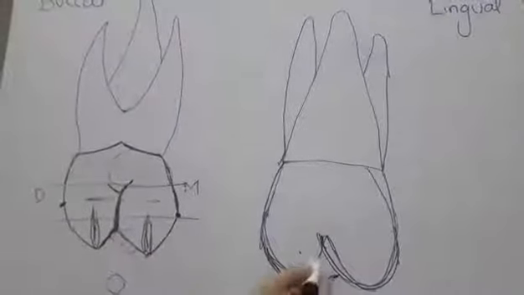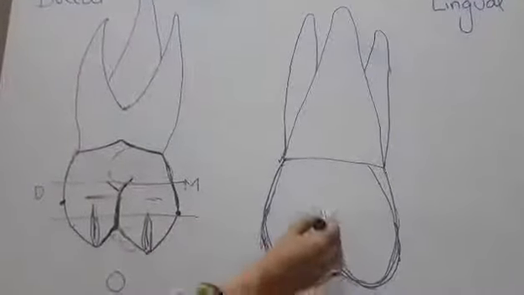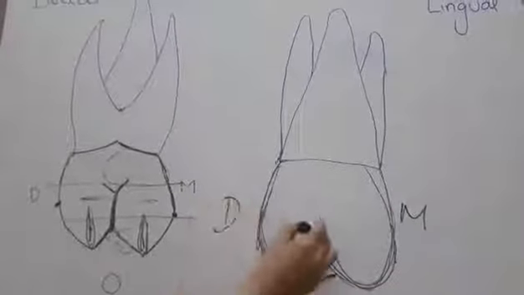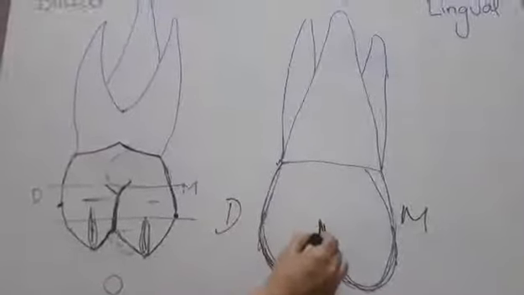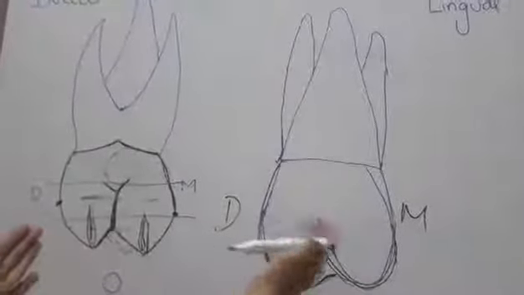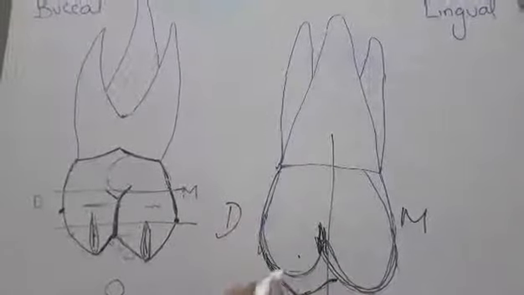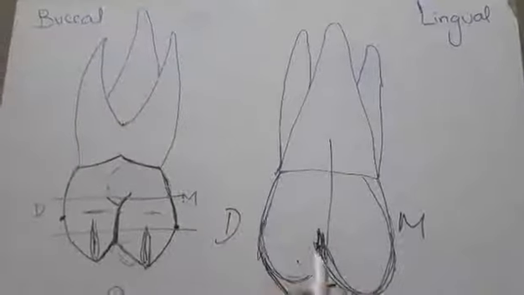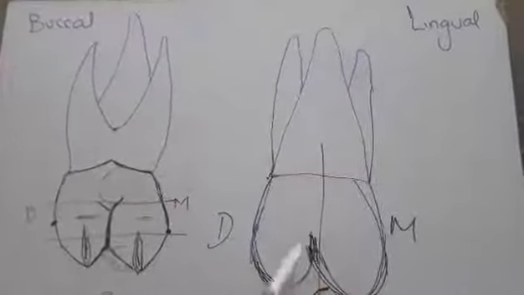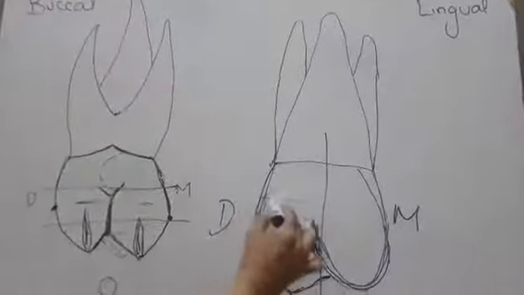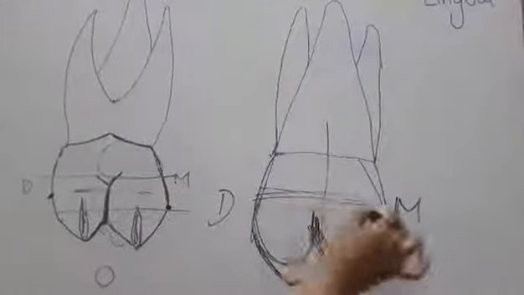There is a lingual groove which is sometimes called the distolingual groove, because this is mesial and this is distal. It is called the distolingual groove because it is just distal to the midline. It's not in the midline because the mesiolingual cusp is larger than the distolingual cusp, and the height of contour of the lingual surface is here in the middle third.